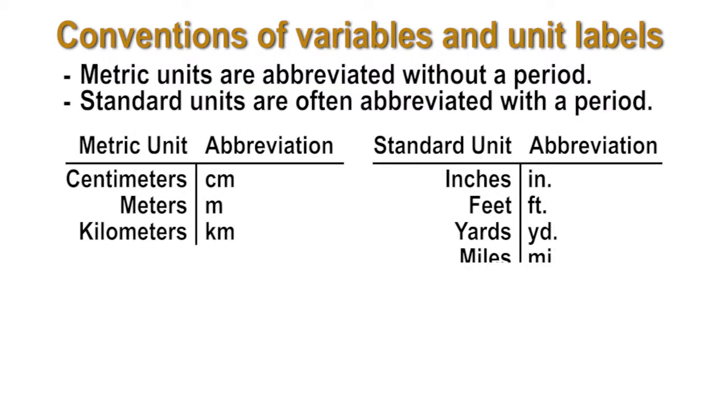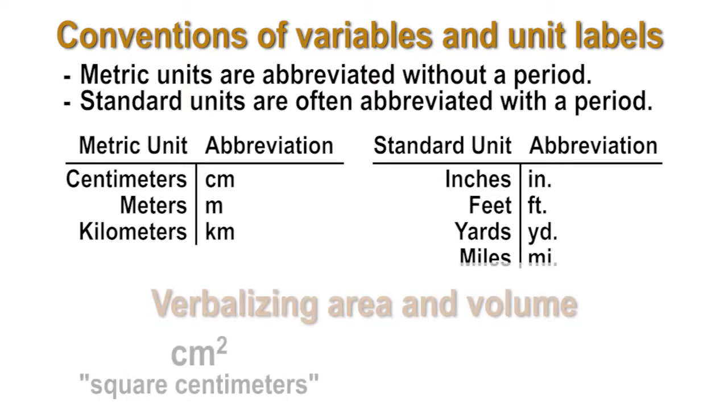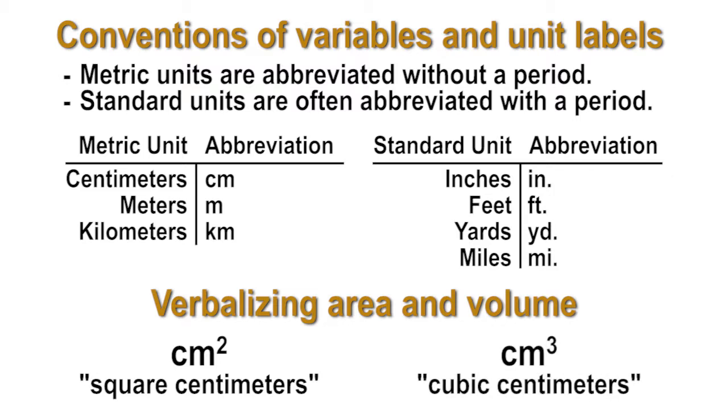When measurements are abbreviated, metric units are abbreviated without a period, while standard units are often abbreviated with a period. Finally, when discussing volume and area, this unit should be verbalized as square centimeters, and this unit should be verbalized as cubic centimeters. This will help avoid confusion.